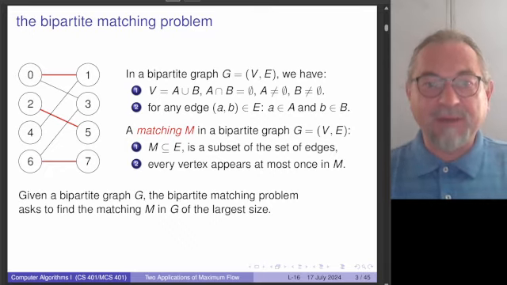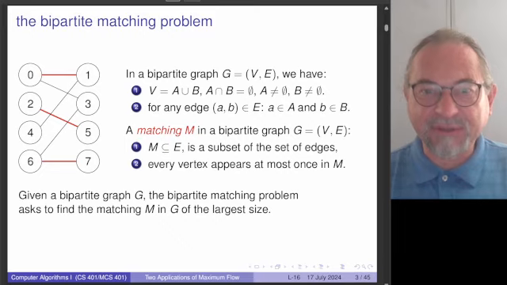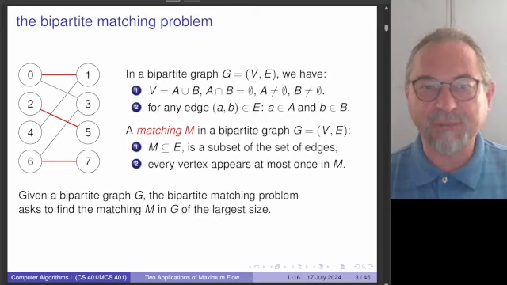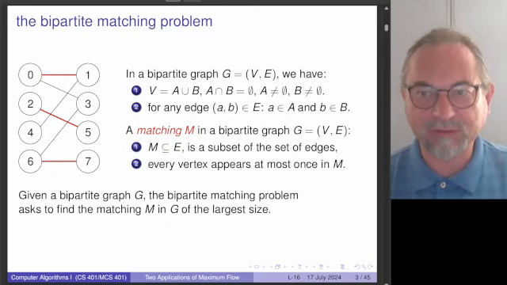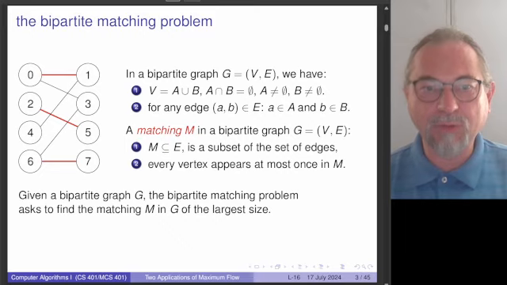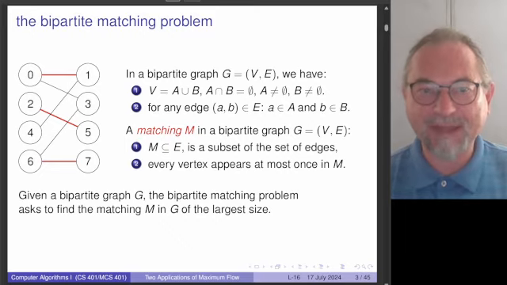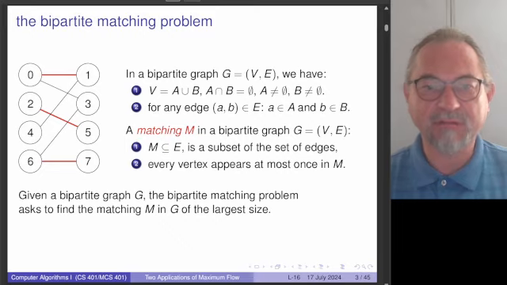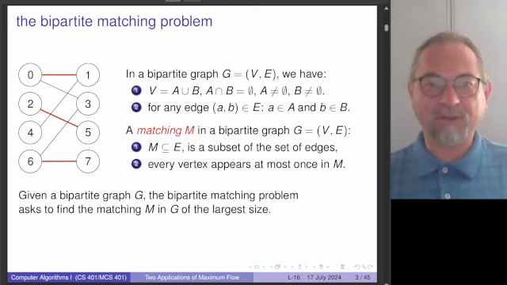Then we define a matching as a subset of the set of edges where every vertex appears at most once. So we will consider the following optimization problem. We want to find the matching in this bipartite graph that is of the largest size.